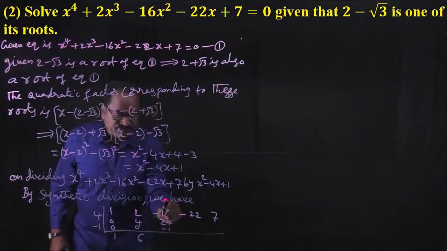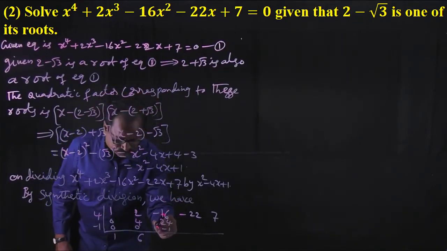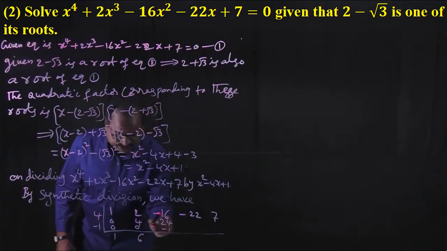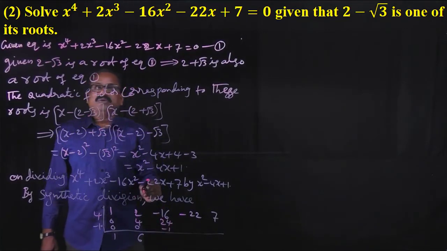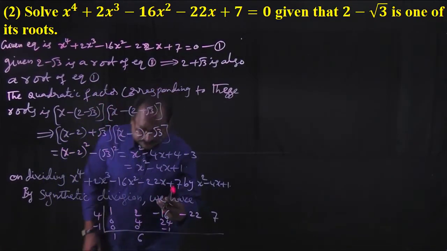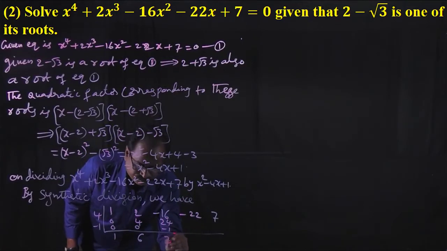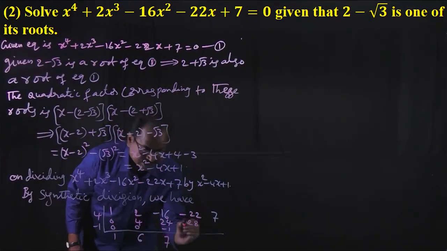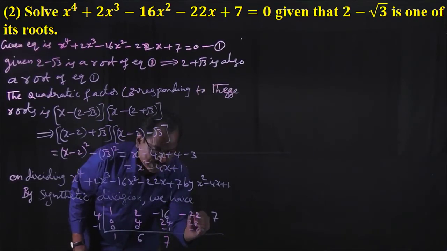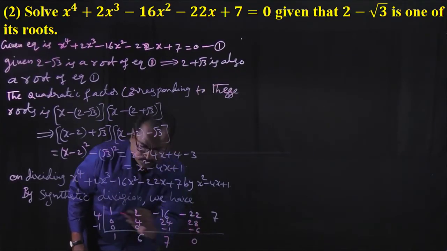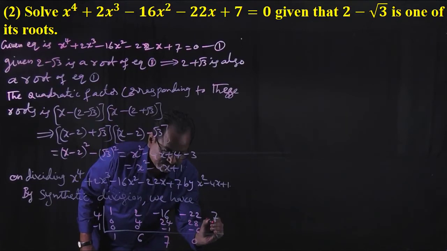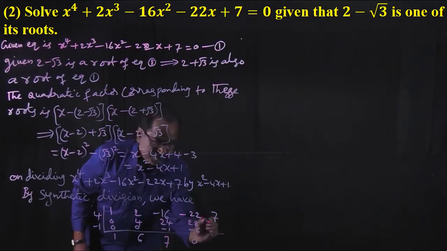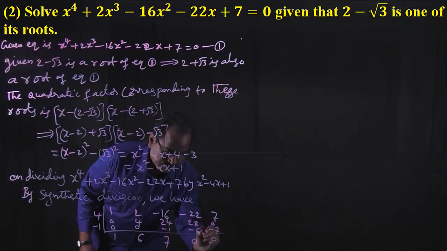So minus 17 plus 24, so this is 7. So 28 minus 6, so minus 28 plus 28, 0. 0 minus 7, 0.